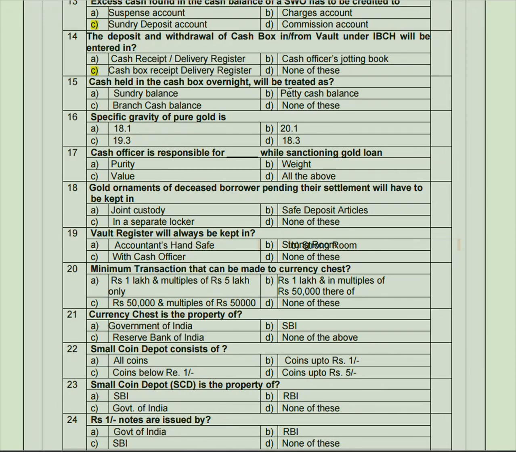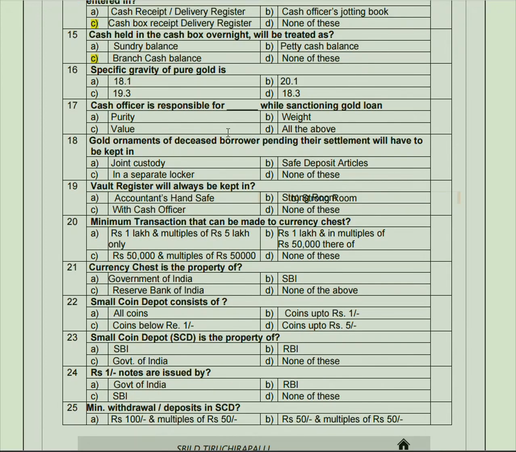Cash held in the cash box overnight will be treated as branch cash balance. So if you have left the cash in cash box, it is branch cash balance.